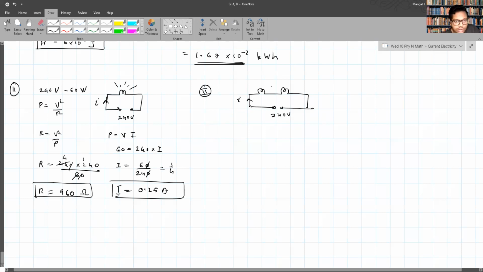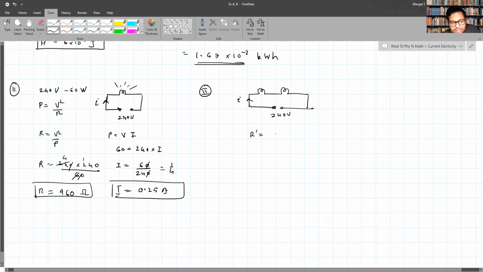Yes, anyone would like to answer this? The question is again, this was a single lamp connected to 240 volt. Now there are two lamps, so 240 volt is not individually across each. 240 is across both of them. So that's the problem.